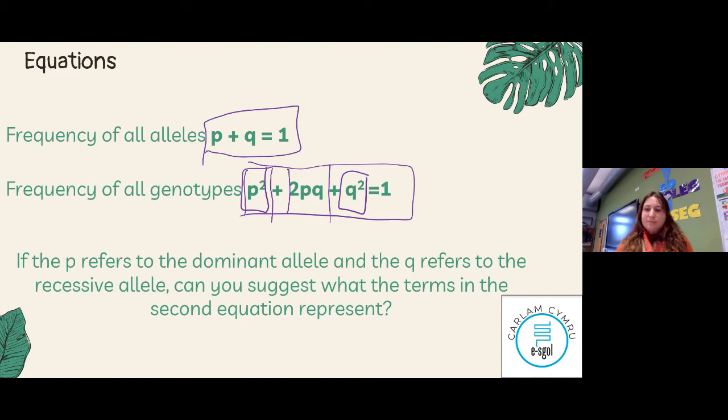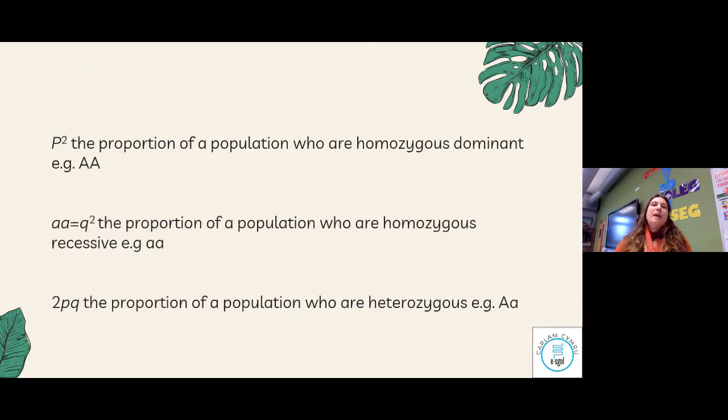Okay, I'm going to go on to the answer. So P squared is the proportion of a population who are homozygous dominant. So we're looking at AA. So P itself would have been A, but P squared is obviously what the genotype will show potentially. So we need to look at A, capital A, capital A. The same can be said of the Q squared.